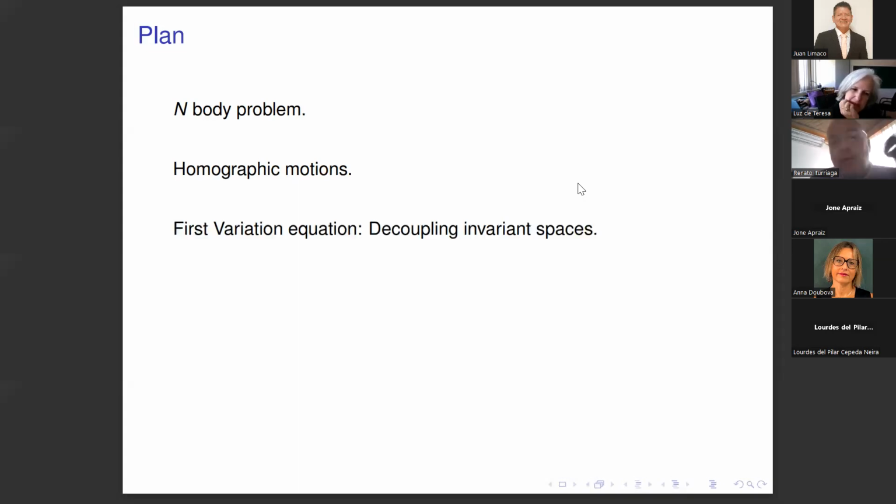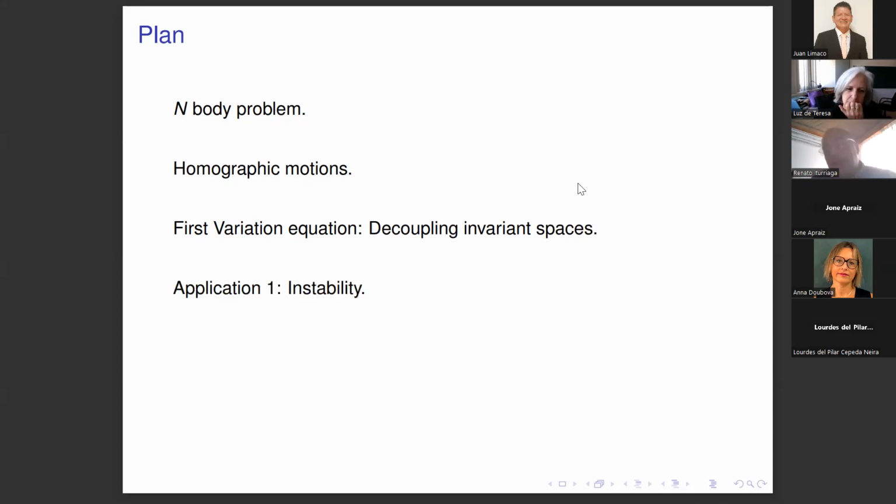Homographic motions are a special solution of the n-body problem, and we want to know what is going on in nearby initial conditions. So this is the first variation equation we have to study. And I will explain this first variation equation and this very important property of decoupling in invariant spaces. I think that's one of the main contributions.